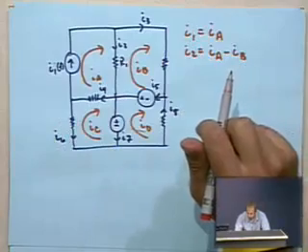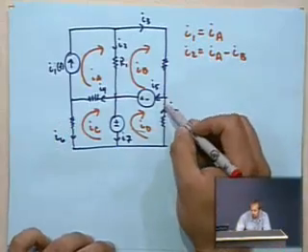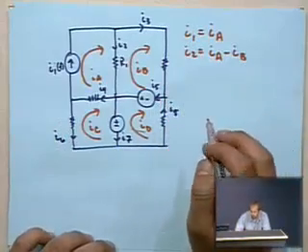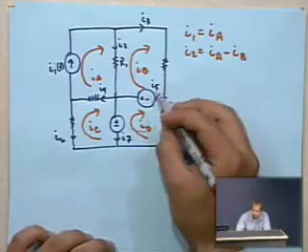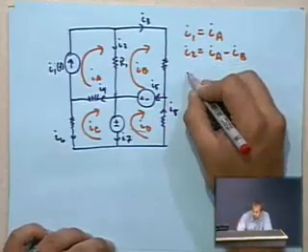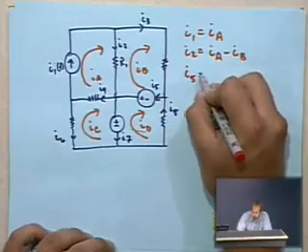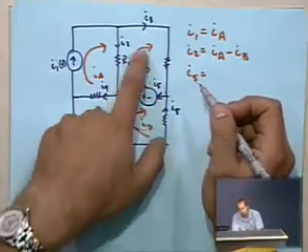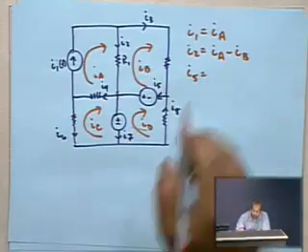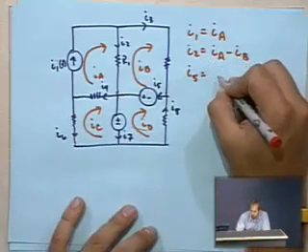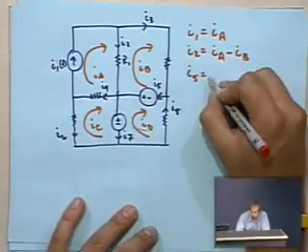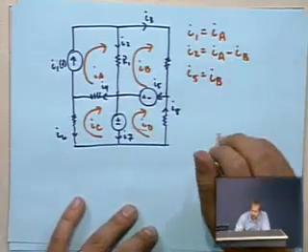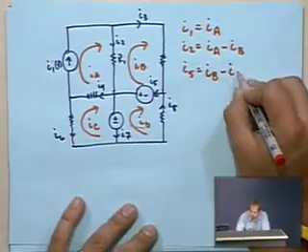Perhaps the interesting one here is we can look down at, say, I5. We can define it either way and say, well, I5 has two branch currents flowing through it. We've got ID flowing through it, and we've got IB flowing through it. We can say, well, IB is flowing the same direction, and ID is flowing the opposite direction.